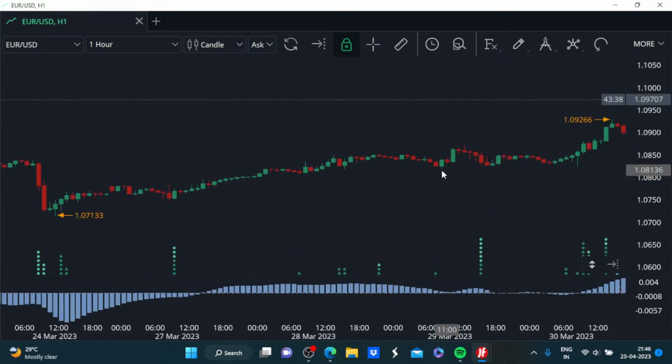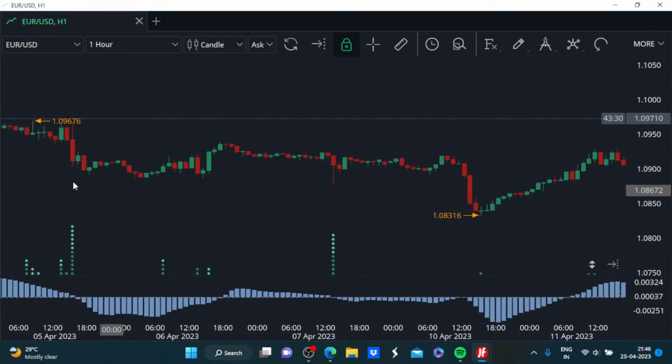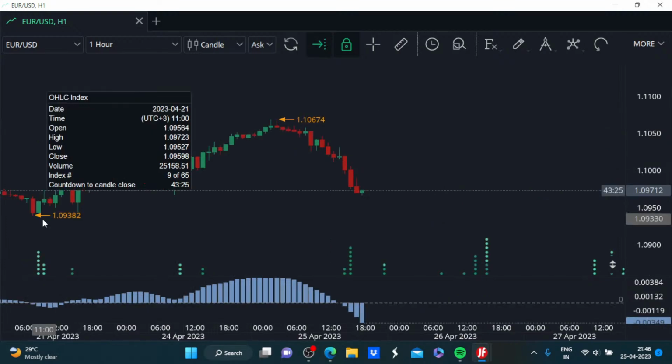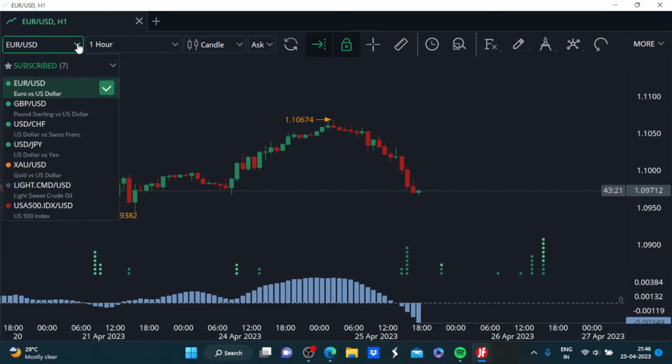So we are observing this kind of opportunities being generated multiple times in the Euro USD. This is an oscillator, and you can use this indicator for figuring out the opportunities in the forex, in the commodities, in the bullion, as well as in the equity indices, as well as the individual stocks.